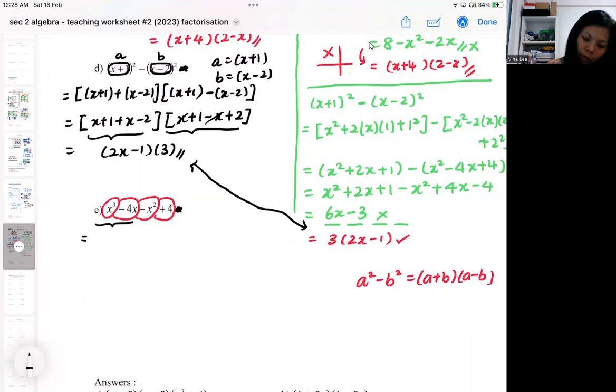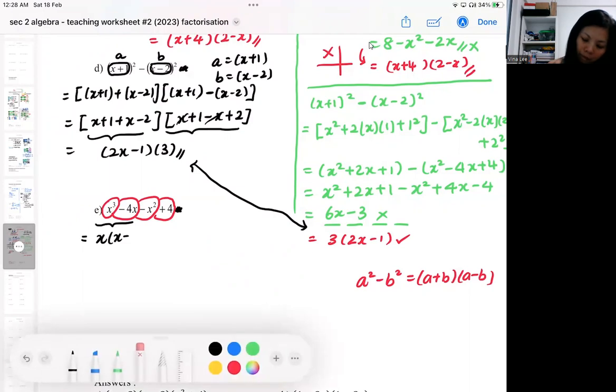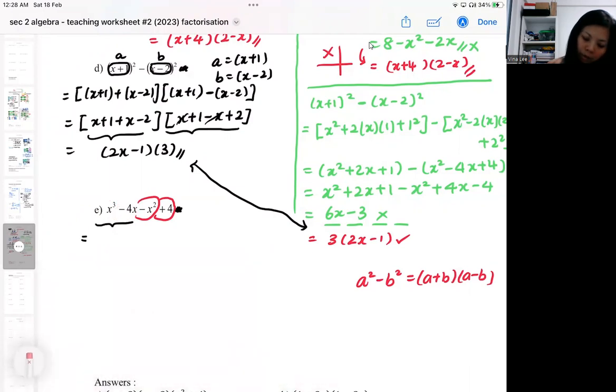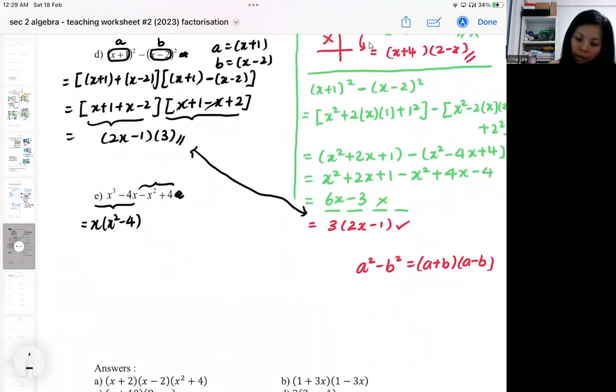From the first group, I actually see a common factor. Let me cancel this part here. From the second group, I do not see a common factor, but I can factorize out a negative.